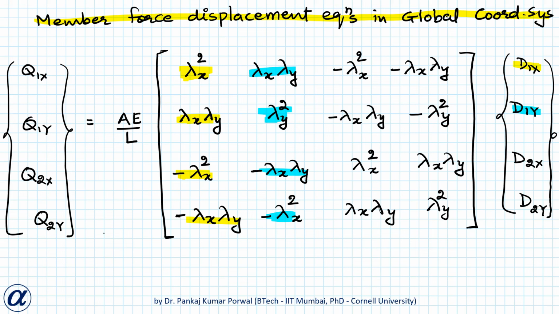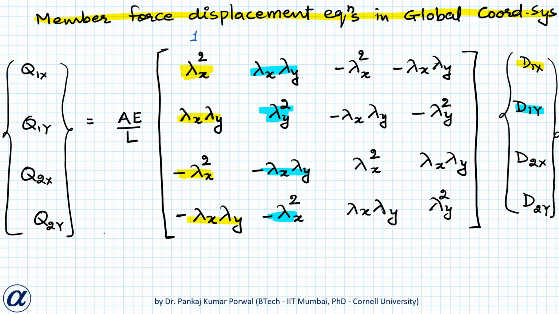So we can say that first column corresponds to degree of freedom 1x. The second column will correspond to degree of freedom 1y. The third column will correspond to degree of freedom 2x, and the fourth column will correspond to degree of freedom 2y. Similarly, if we look at the rows of this matrix, all the entries in the row get multiplied with all the entries in this column vector, and this gives us Q1x.